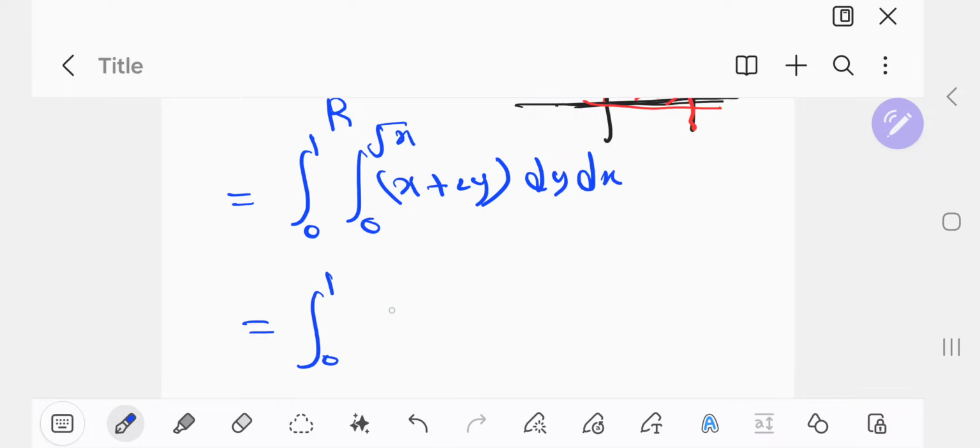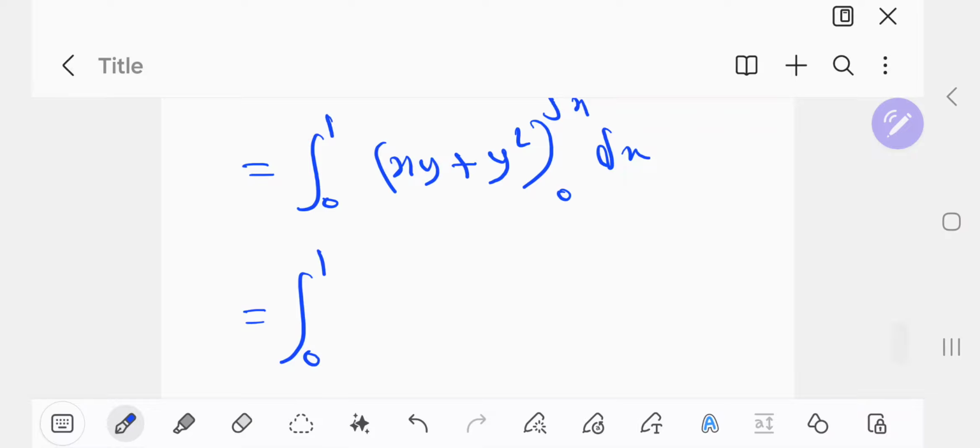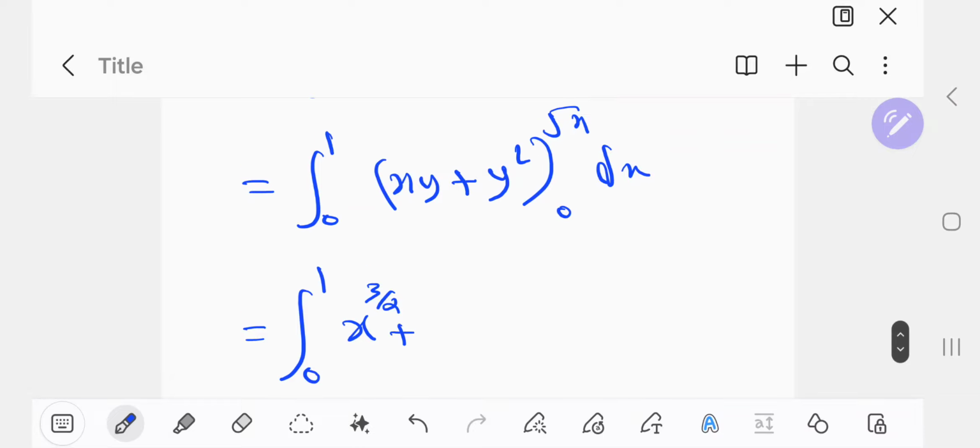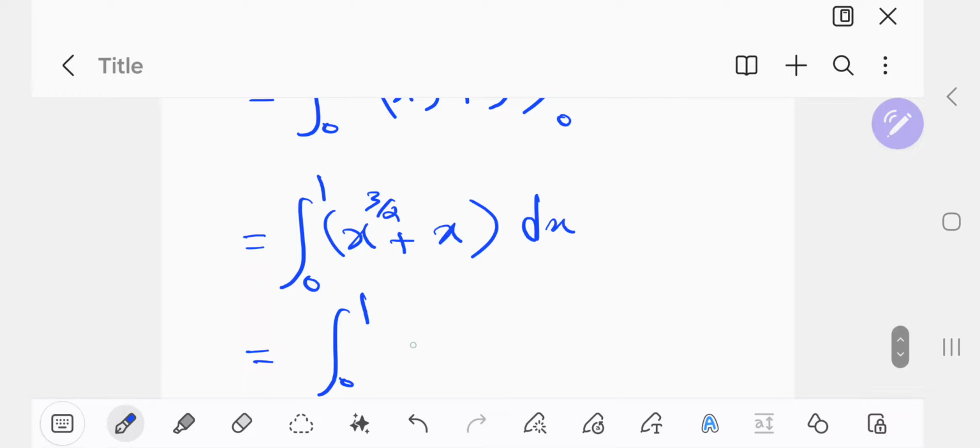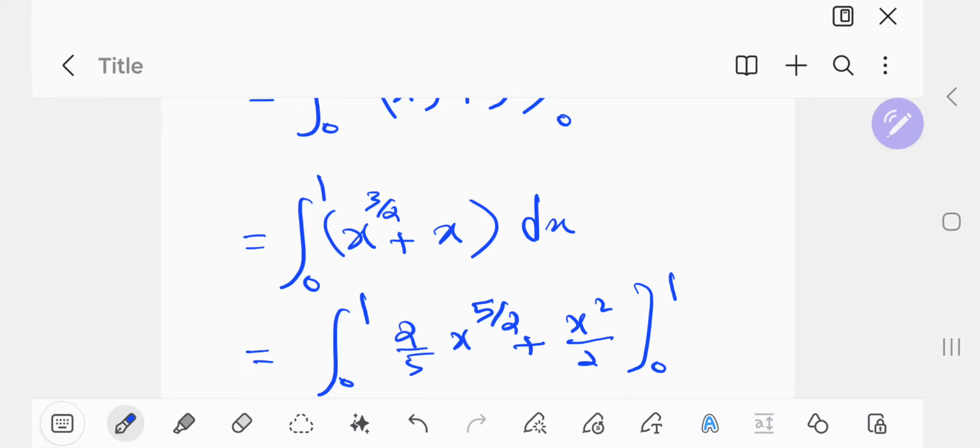Then from 0 to 1, with respect to y we want to integrate, we get xy plus y square from 0 to root x dx, equal to the integral 0 to 1 of x raised to 3 by 2 plus x dx, equal to the integral 0 to 1 of 2 by 5 into x raised to 5 by 2 plus x square by 2, from 0 to 1.